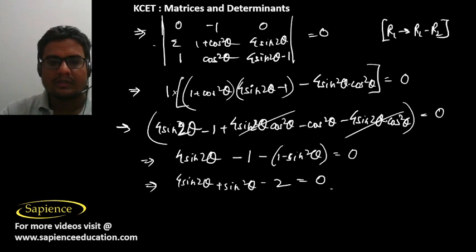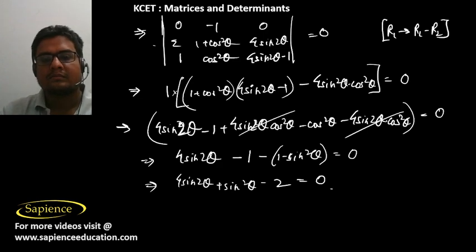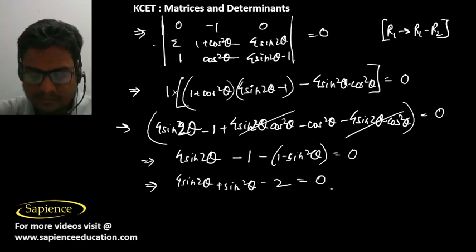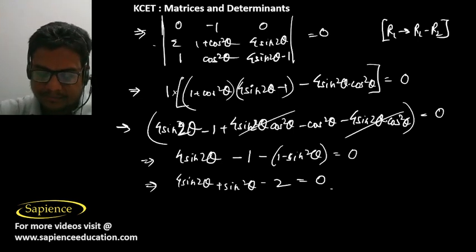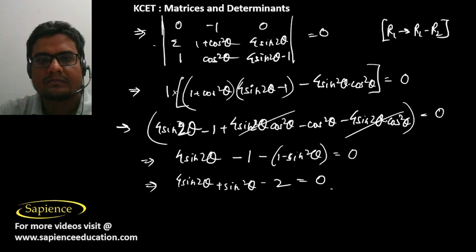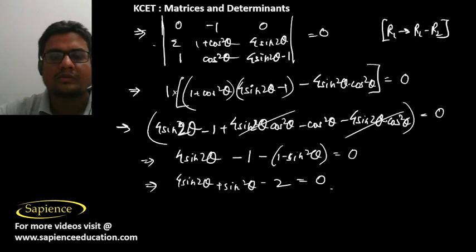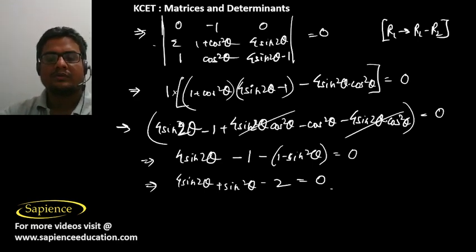So from here we can say that this is 4 sine 2 theta minus 1.